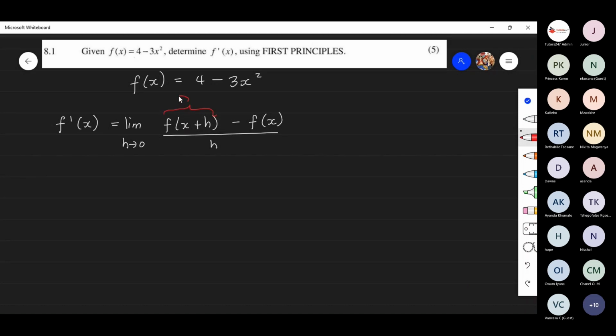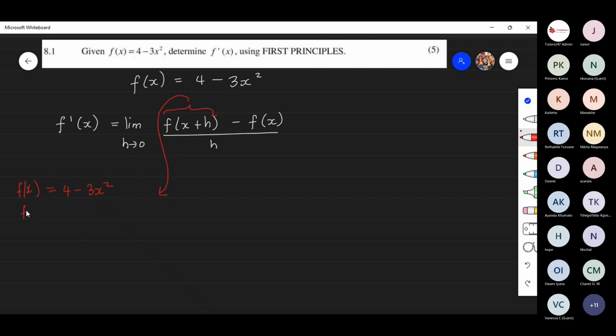So we are first going to look at that part. F of x plus h. What that basically means is that wherever you see x, just put plus h. So keep in mind our formula of f of x was just 4 minus 3x squared.